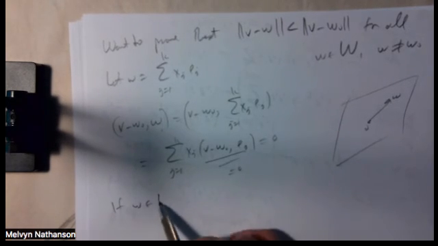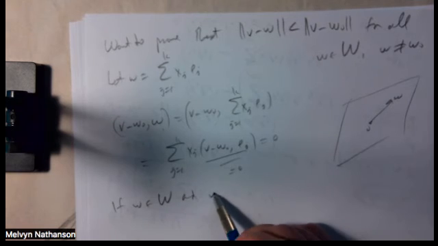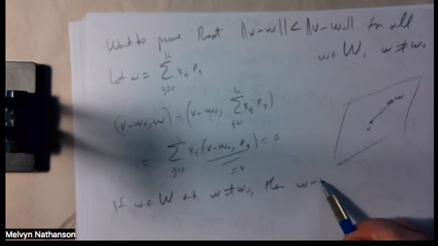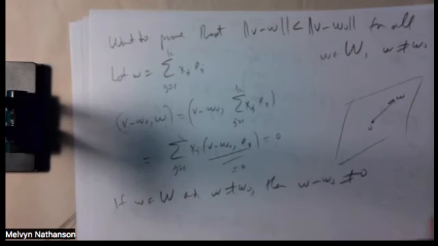If W is in the subspace W, and W is not the same as W0, then W minus W0 is not the 0 vector, right? If these two vectors are different, the difference can't be 0.